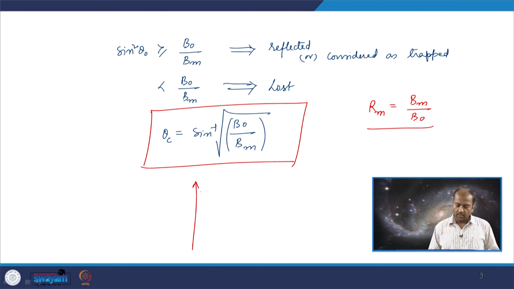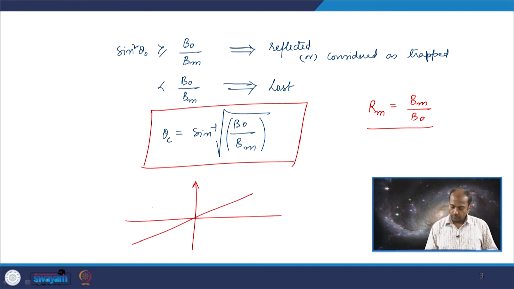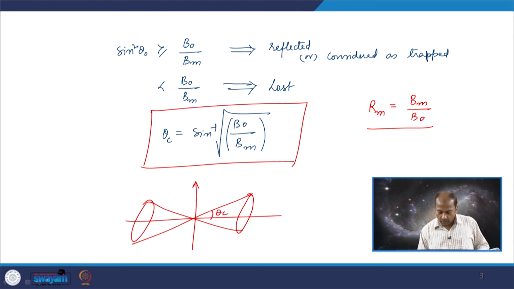Theta c is the smallest angle above which reflection will happen. So, this is theta c. If the angle is less than theta c, the particle is lost. If the angle is greater than theta c, the particle is trapped, right. So, this is the basic idea.